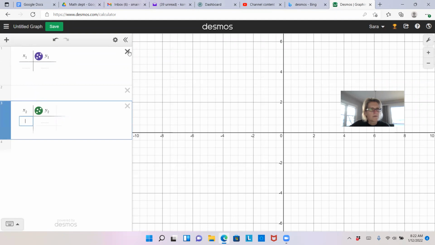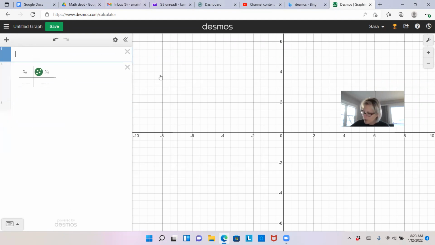If you want to write a note for yourself, you can click on note, and that's what I'm going to put in. I'm going to put in the coordinates -1 and 2.